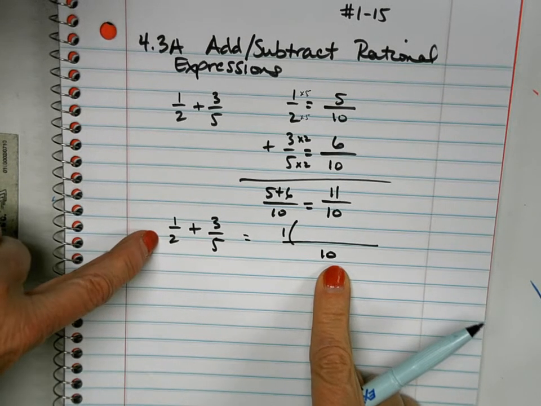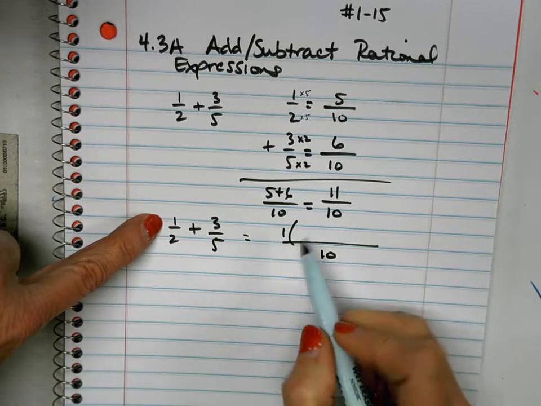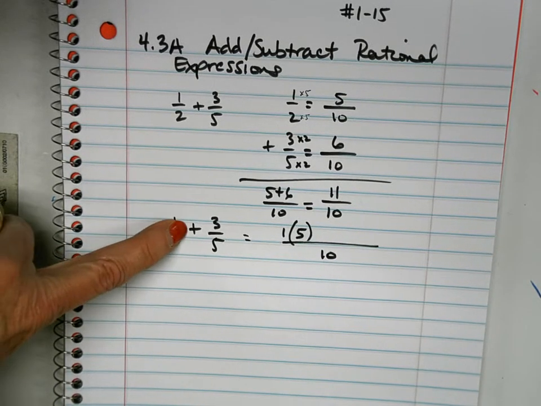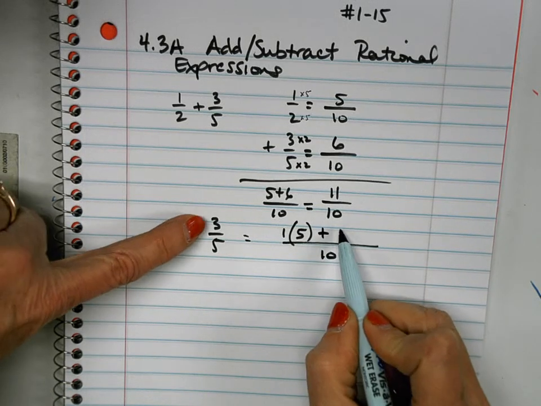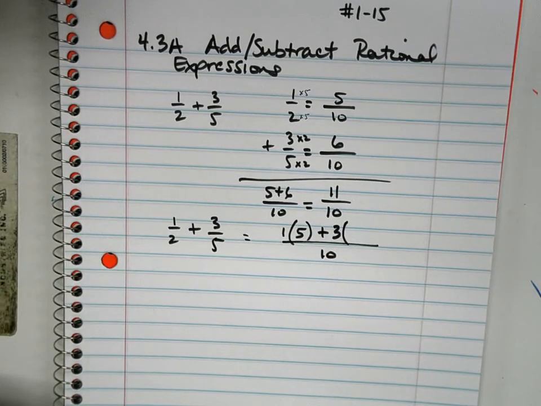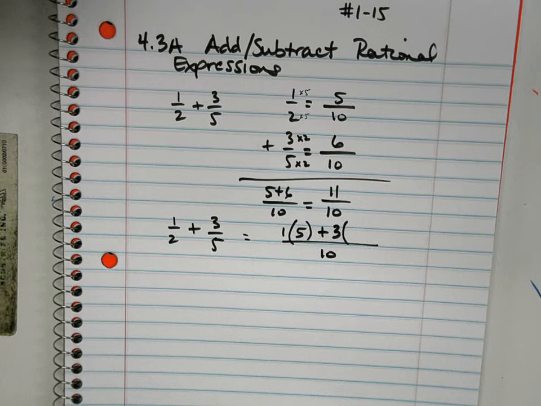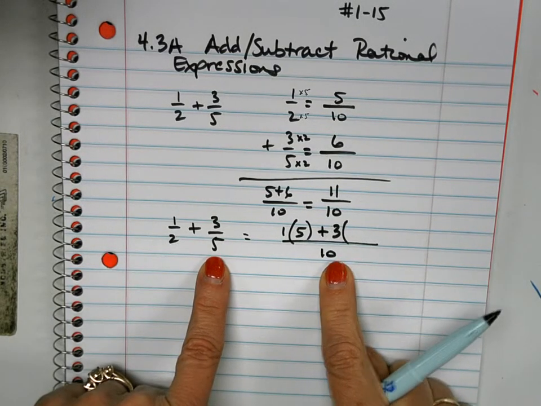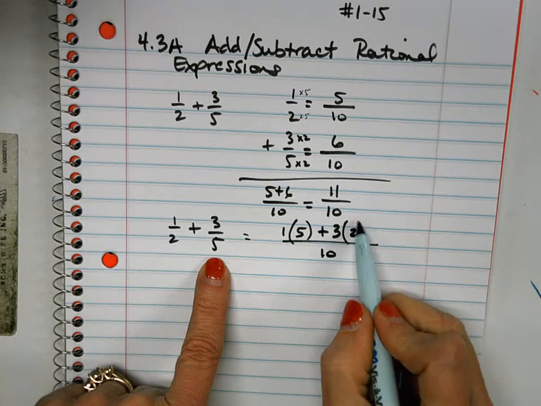What did you do to the 2 to make it 10? You multiplied it by 5. You have to do the same thing to that 1. So we're going to put the 5 there. Whatever this sign is right here, we're going to put plus, and then we're going to write this numerator down, open a parentheses, and figure out what we need. Okay? 5 times what is 10? 2. So that means you need to multiply the 3 by 2 also.